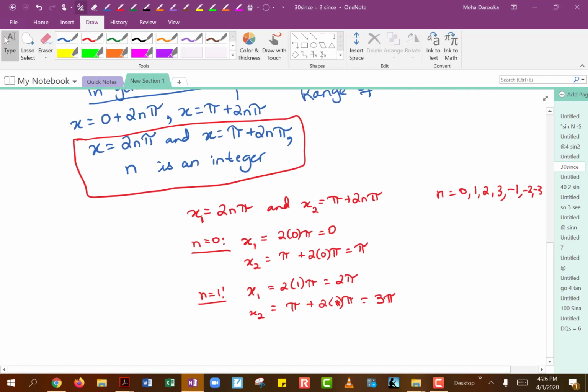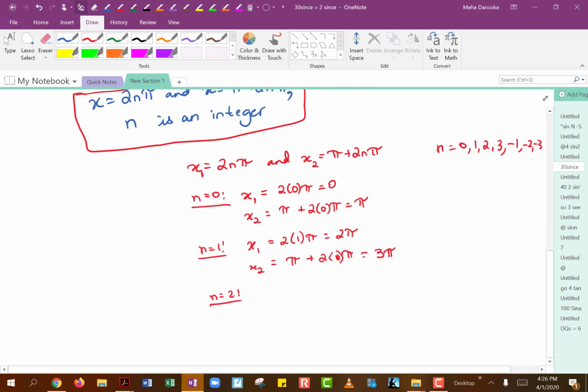So if you kept going, you would actually see, if you tried this for n equals 2, you can kind of see what those answers would come out to be. These answers go from 0 to pi, 2 pi, 3 pi, and if you did these calculations, you would have 4 pi for x1 and 5 pi for x2.